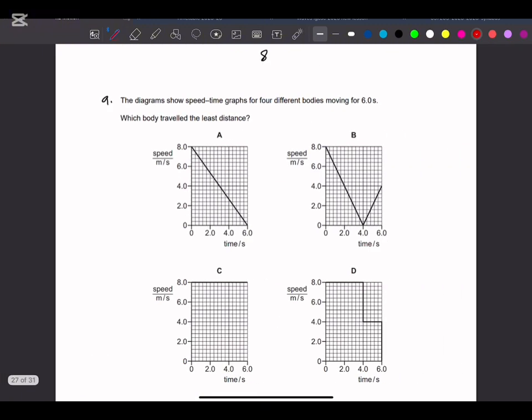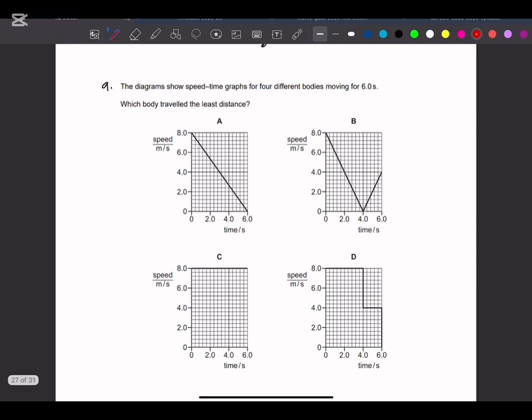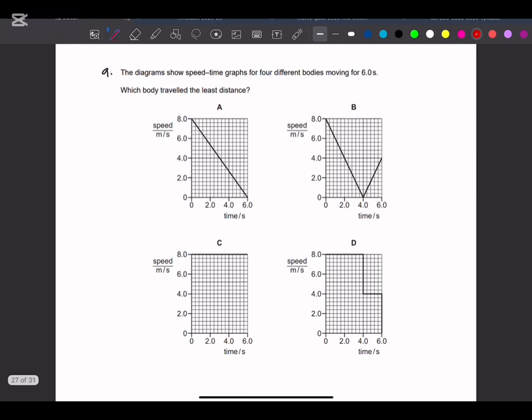Then here the diagram shows speed time graphs for 4 different bodies moving for 6 seconds. The time is the same for all graphs. Which body travels the least distance?